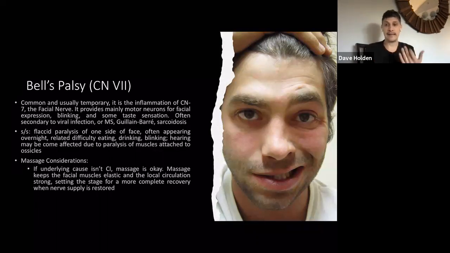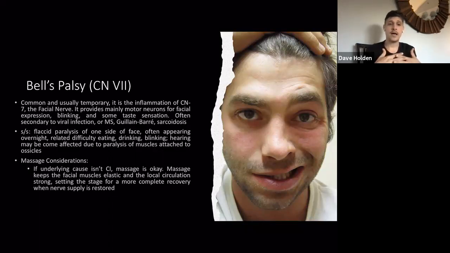But if the inflammation is prolonged, or the damage to the nerve is severe, or if the inflammation happens where the nerve passes through a bony foramen, so that the nerve becomes inflamed inside its bony canal and that puts compression on the nerve, then you may end up with lasting effects. Usually Bell's palsy clears up on its own with maybe a minimal loss of function, but occasionally it can be permanent.